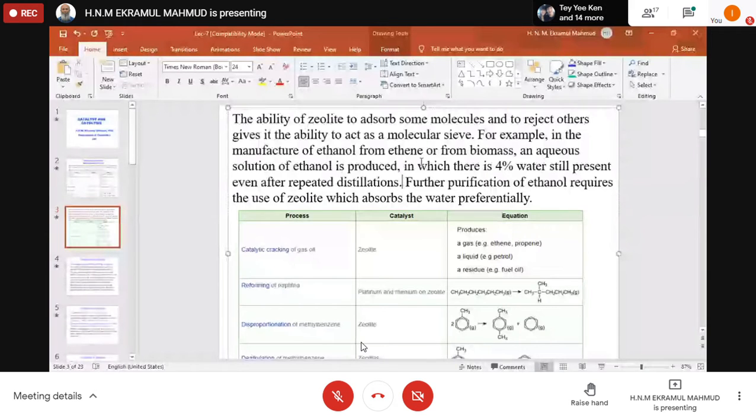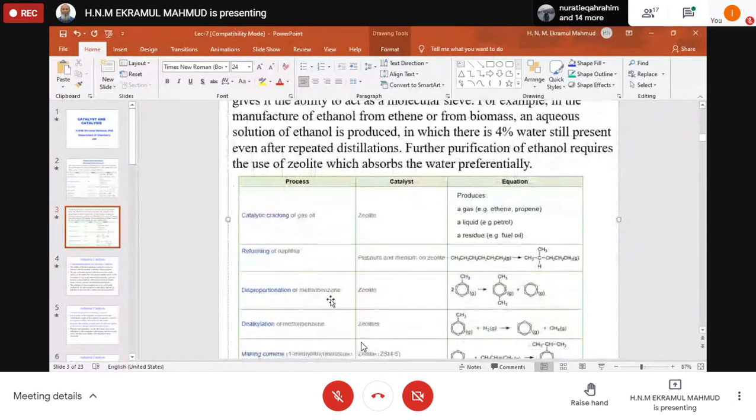Okay. So cracking oil, catalytic cracking of gas oil, uses zeolite. Okay, done. Reforming, we have discussed. Disproportionation reaction of methyl benzene using zeolite gives you a disproportionation reaction. Okay. And dealkylation uses zeolite also, where the alkyl group will go out from this.